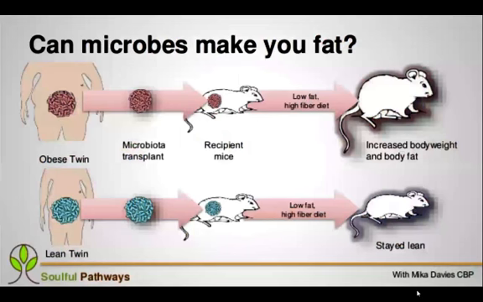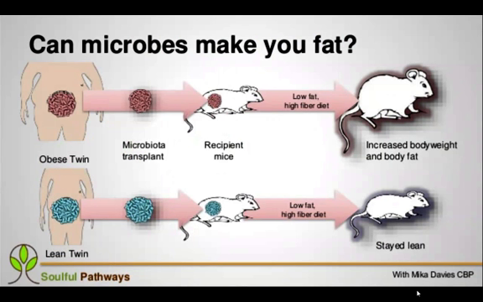The most famous study in this area is the one done on identical twins. Each set of twins had the same genetic makeup. However, one twin was overweight and the other twin was lean. Their human microbiome was injected into the gut flora of host mice so that the microbiome of the mice took on the nature of the human twin.